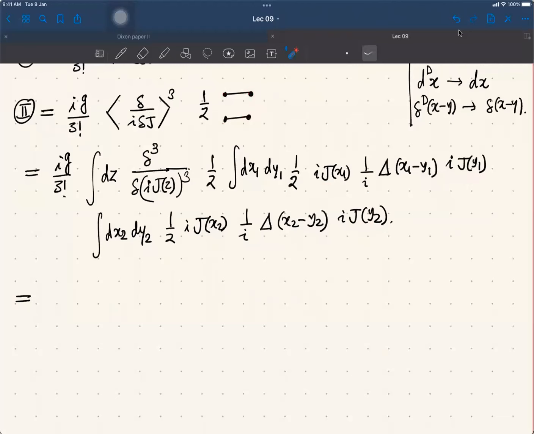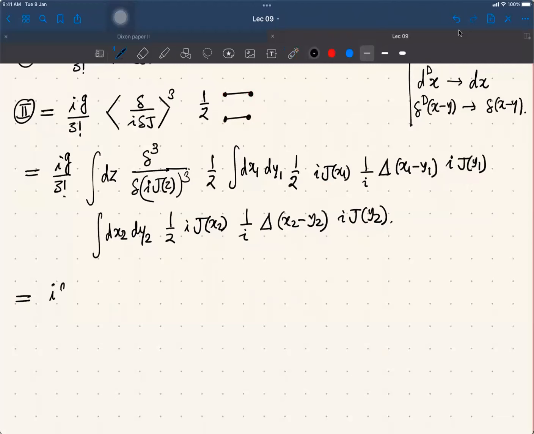Therefore the final result will look the same whichever combination you take, however you apply these three derivatives. But there are many ways of doing it, so that will give you an overall multiplicative factor. That is how you organize the calculation.